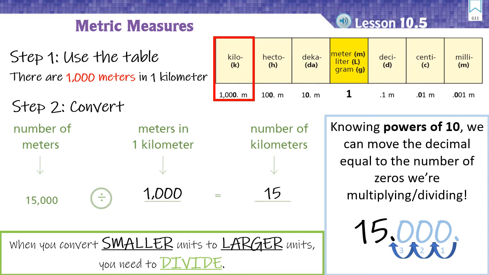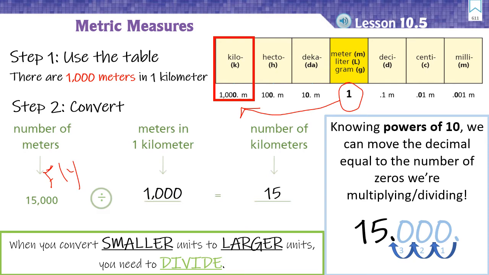So our step 1 is to use the table to remind ourselves that there are 1,000 meters in 1 kilometer. So here's our fly, 15,000.